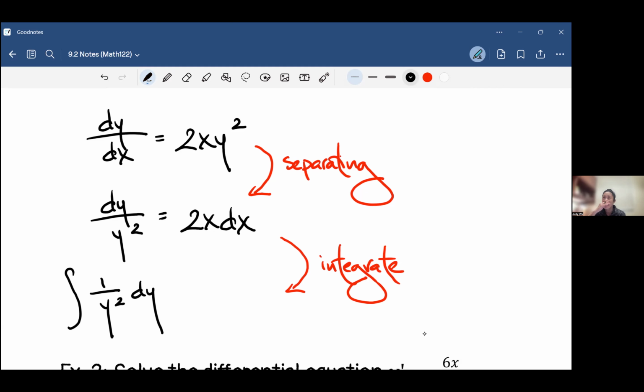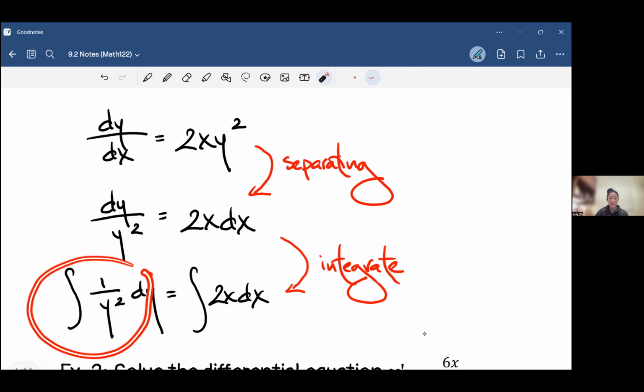And I'm able to say that because dy over y squared is the same as saying 1 over y squared times dy, okay? And that is going to equal the integral of 2x dx, all right? So in this step, I've separated and now I'm setting up to integrate the left side. And if I integrate the left side, I also have to integrate the right side, okay?